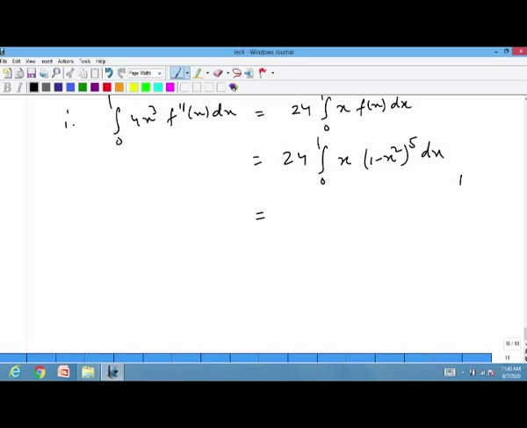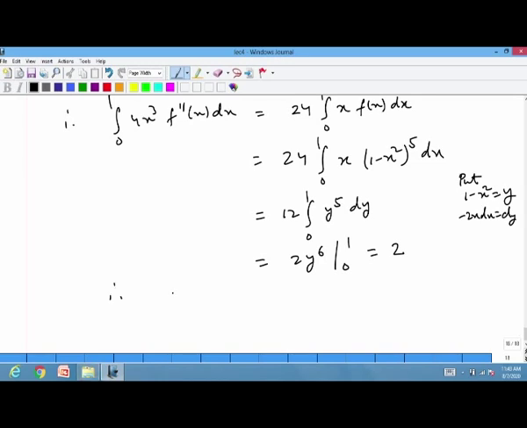If we put 1 minus x squared equal to y, then minus 2x dx is dy, and this is nothing but 12 times the integral from 0 to 1 of y to the 5 dy, which is equal to 2 y to the 6 from 0 to 1, and this is equal to 2. So, the value of the integral is equal to 2.